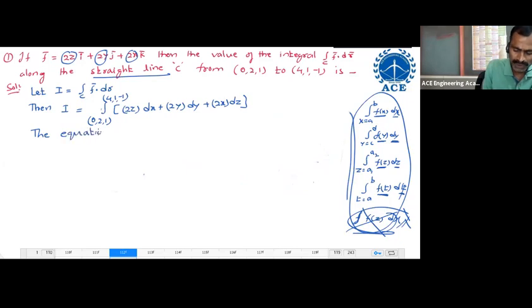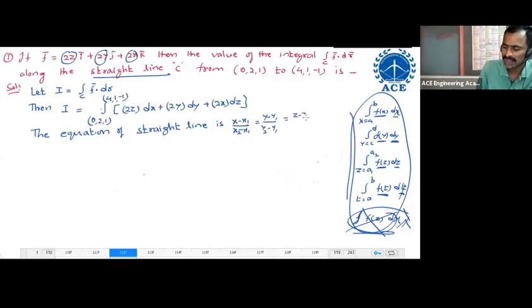The equation of the straight line joining these 2 points is, by the general formula, (x minus x1) by (x2 minus x1) equal to (y minus y1) by (y2 minus y1); that is for a 2D straight line. For a 3D straight line, it equals (z minus z1) by (z2 minus z1).